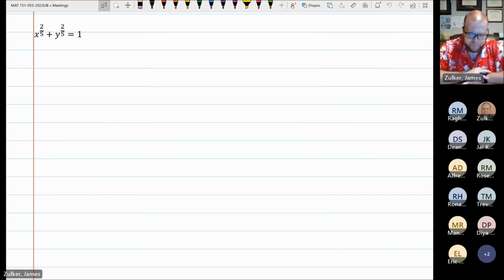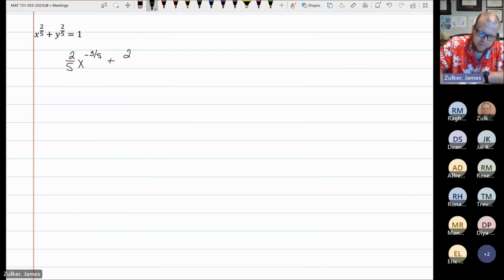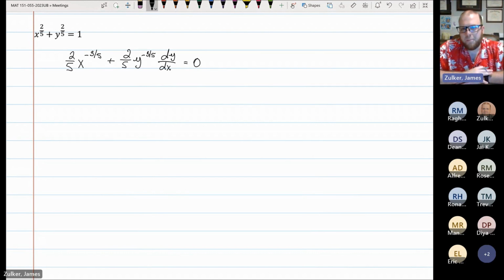All right, here. Again, we want to do the same thing, right? First, take d dx of both sides. Go term by term. Derivative of x to the 2/5. Now derivative of y to the 2/5. And then finally derivative of 1.